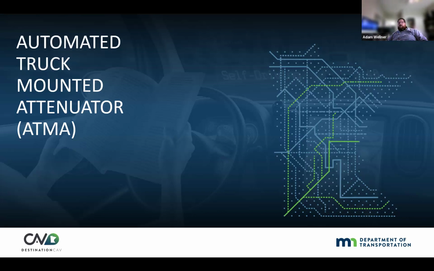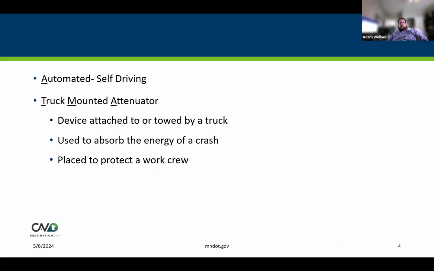Today, I'm specifically here to talk about a project that we have been working on with some MnDOT equipment, which is the Automated Truck Mounted Attenuator Project, or ATMA. The ATMA is an automated, self-driving host vehicle for a truck-mounted attenuator, which is a device that is attached to or towed by a truck.